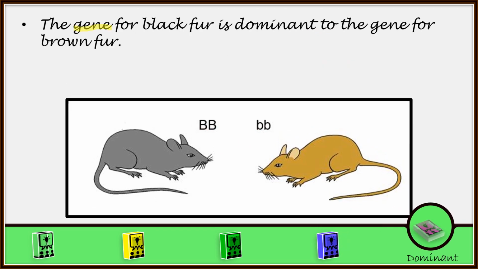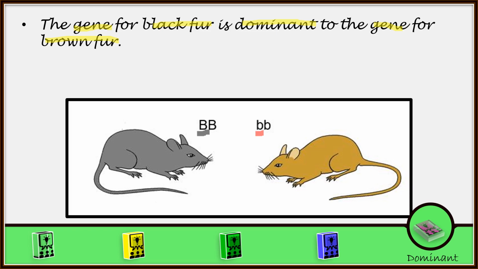The gene for black fur is dominant to the gene for brown fur. So here gene B, capital B, is a gene for black fur, and we are saying it is dominant to a gene for brown fur. And the gene we have for brown fur here is this small b.